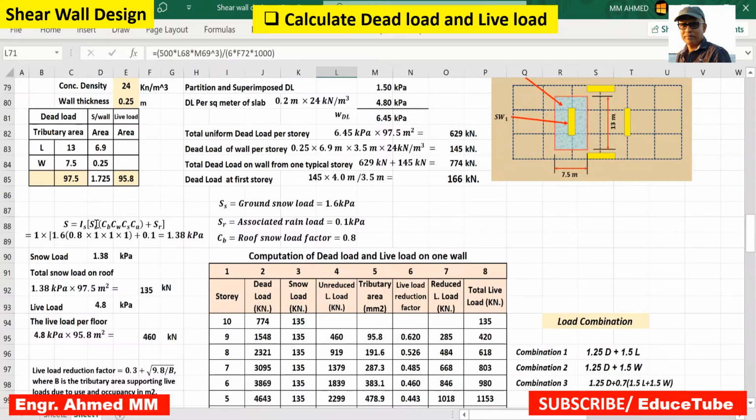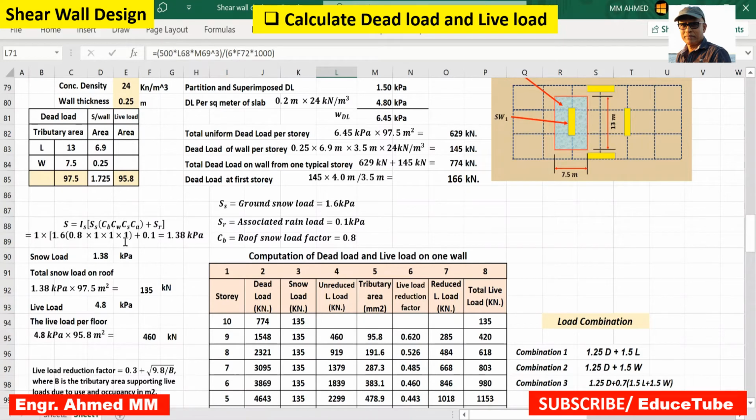Here SS, it means ground snow load 1.6. As we know, roof snow load always less than ground snow load. We are trying to find the snow load on the roof. So surely we have to multiply this SS by some factor, that is 0.8, because this is roof snow load factor. So 1.6 multiplied by 0.8. As well, we have to add another load that is called associated rain load. It is 0.1 kPa. So totally we got 1.38.